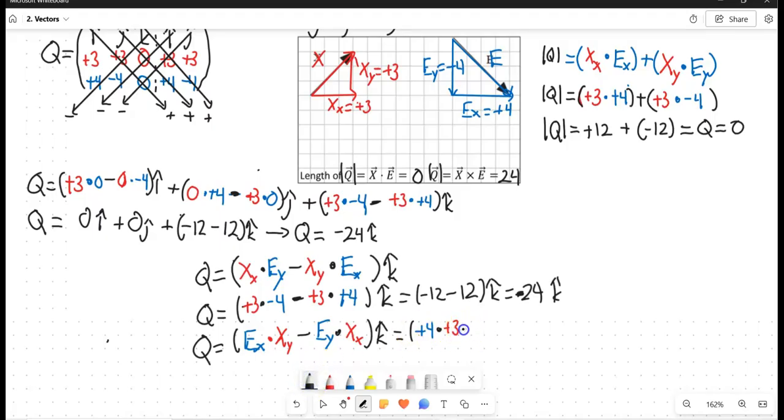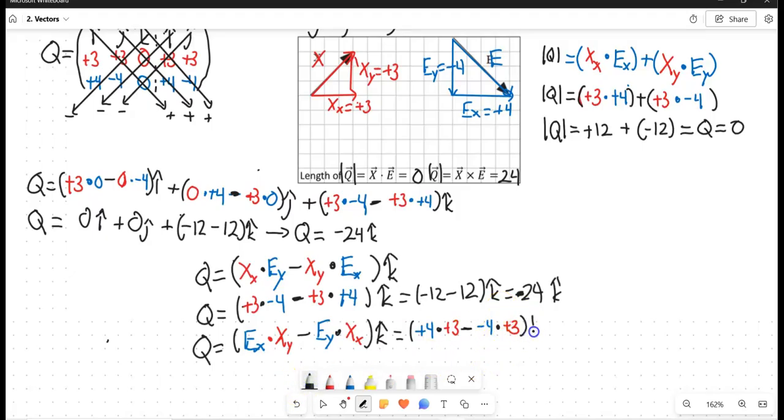And we're going to subtract from that the y direction of E, which is negative 4, times the x direction of 3, which is positive 3.